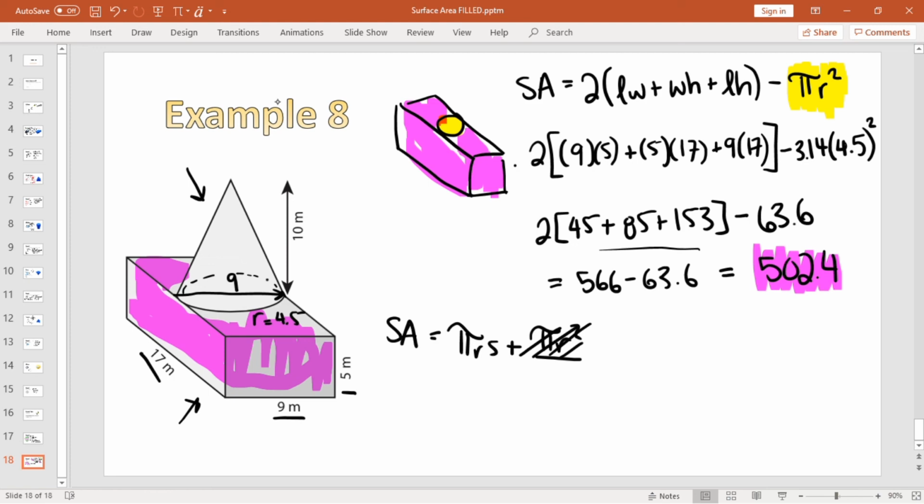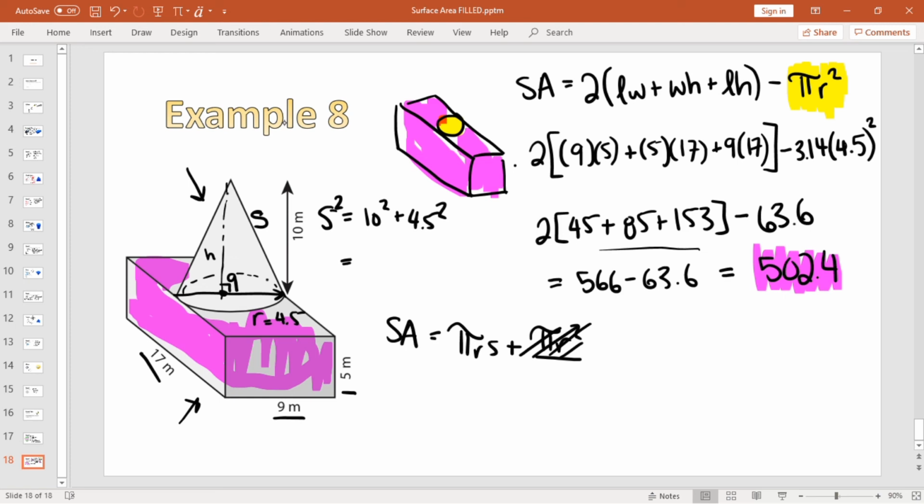The other issue is that I have this 10, which is a normal height, h, so it's not the slant height which I want. But I can find it. Slant height squared equals the 10 squared plus 4.5 squared, because we're using half of the 9. We're going from the center, although this doesn't look like a center.